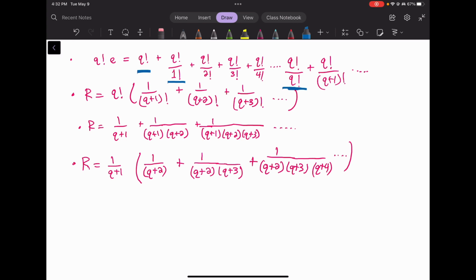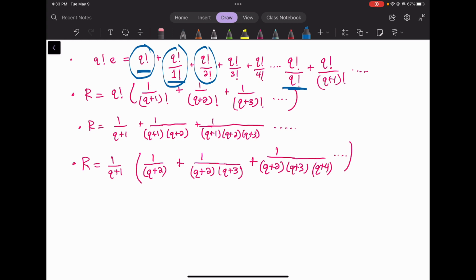So looking at this equation, we've already shown that the left-hand side is an integer. If we look at the right-hand side and each of these terms individually, we know that q factorial is an integer. We also know that q factorial over 1 factorial is an integer. Now, q factorial over 2 factorial is also an integer, because eventually the q factorial in the numerator is going to get down to 2 factorial, and then the 2 factorial in the denominator is going to cancel out with the 2 factorial in the numerator.